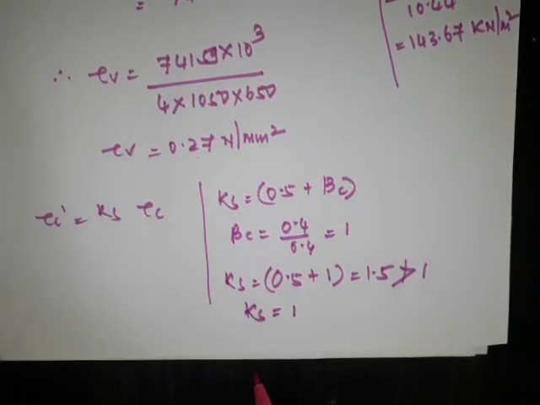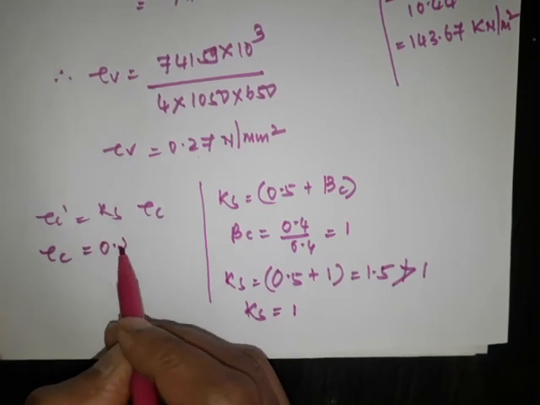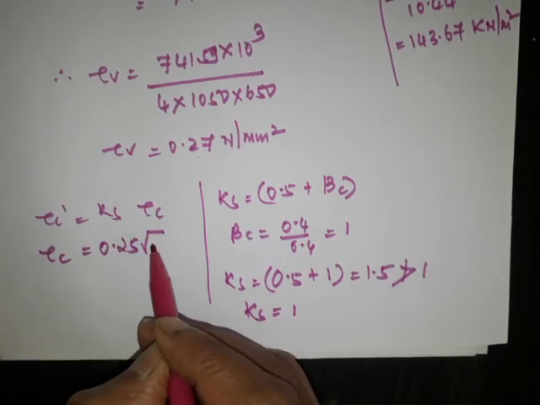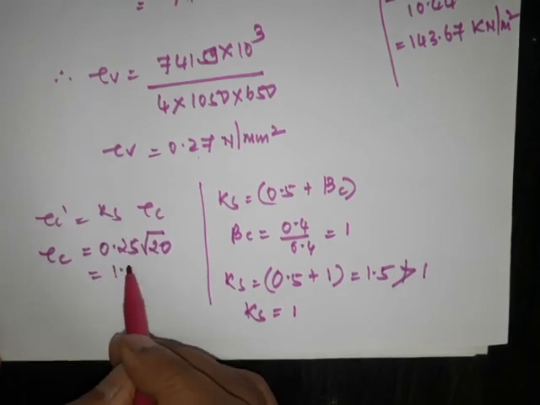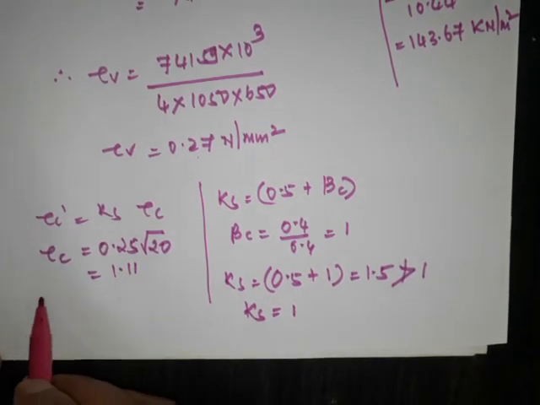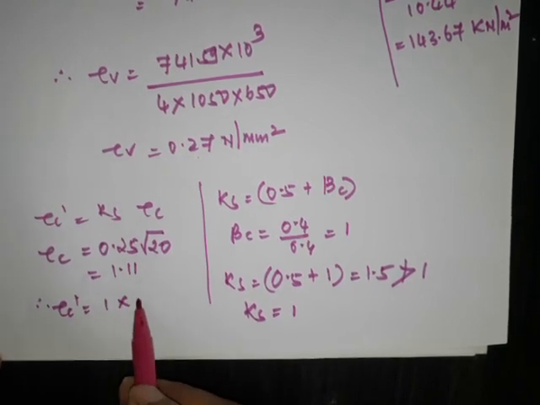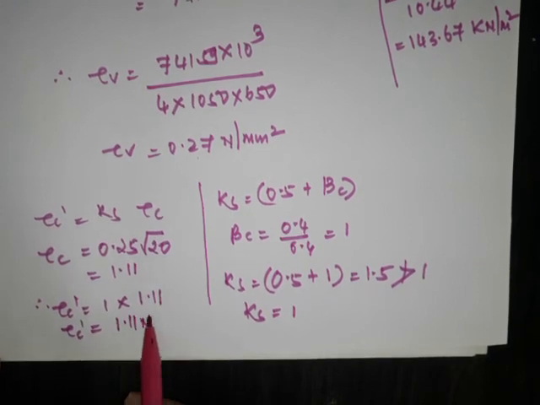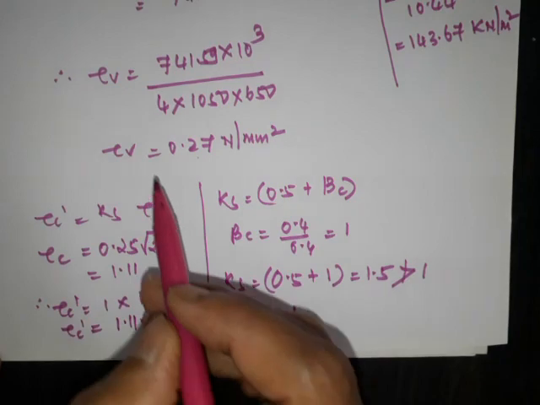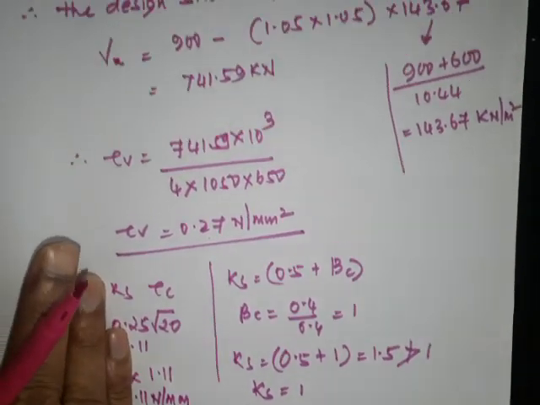And the value of tau c here is 0.25 square root of fck, that is 20. So we will get this value as 1.11. So therefore tau c dash is equal to Ks, which is 1, times tau c, which is 1.11. So we will get tau c dash as 1.11 Newton per mm square.